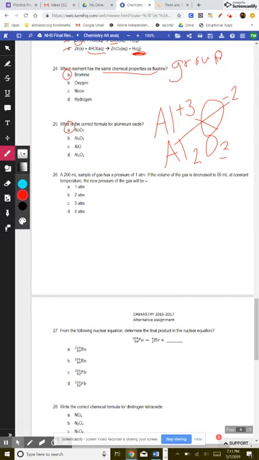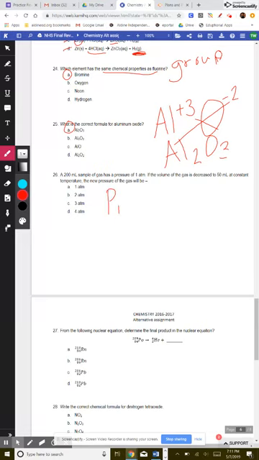26, a 200 milliliter sample of gas has a pressure of 1 atmosphere. If the volume of a gas is decreased to 50 milliliters at constant temperature, the new pressure of the gas will be. We're using the ideal gas law because it's talking about how the gas changes.